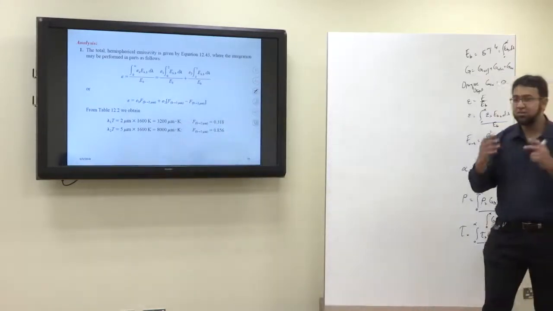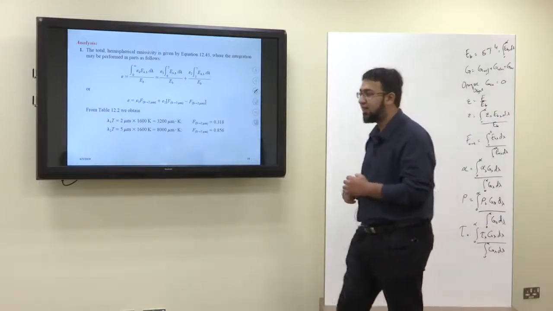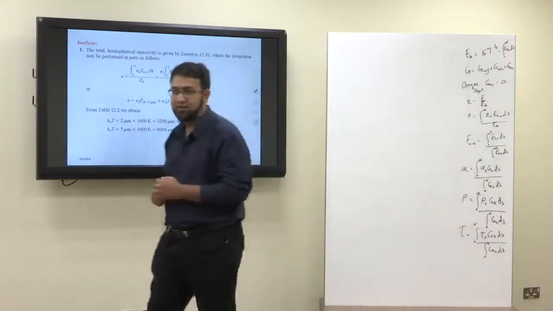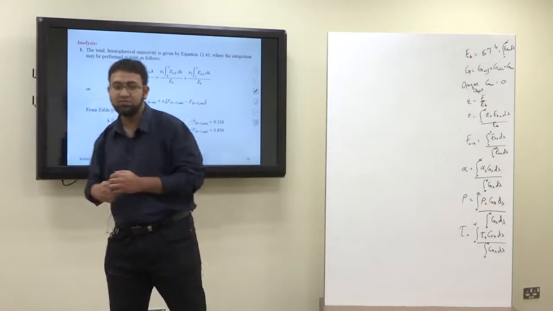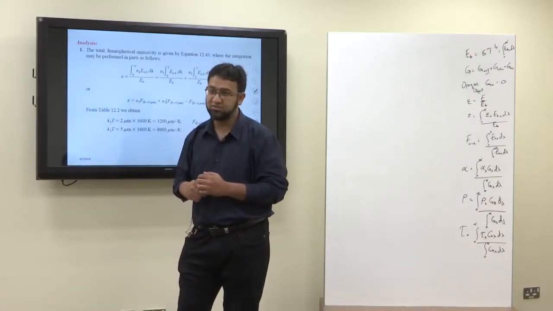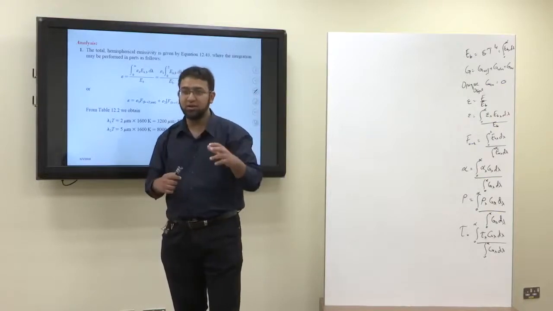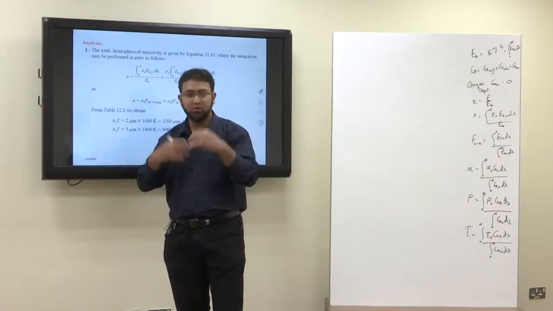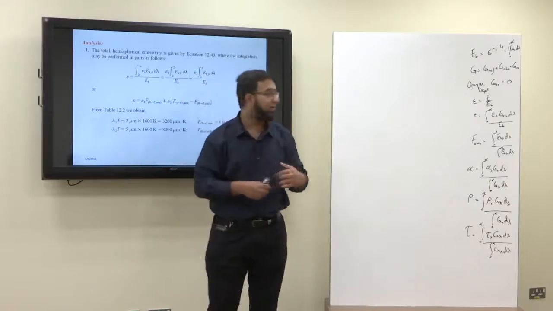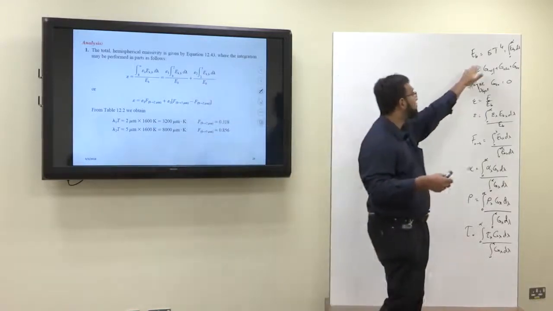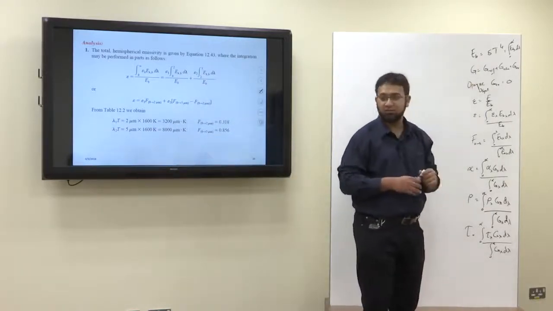Anyways, when radiation is emitted, it is a function of wavelength, and it is emitted for all the wavelengths. If we integrate the energy emitted by all the wavelengths from a black body, that comes out to be sigma T raised to the power 4, where T is in Kelvin.